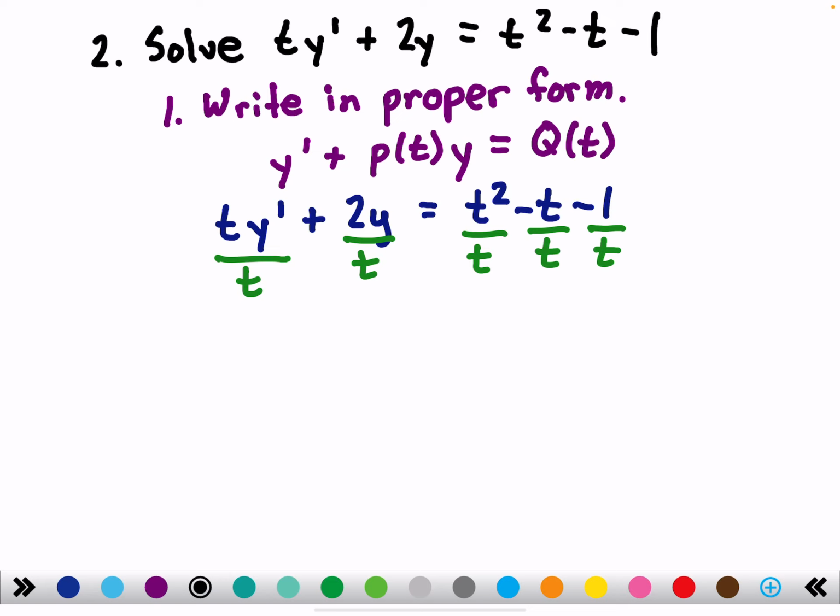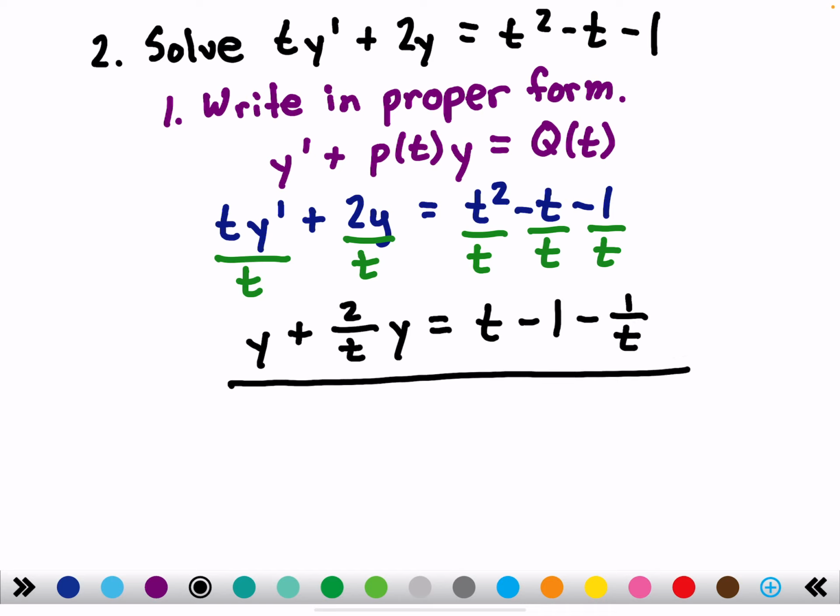And that will give us y prime plus 2 over t times y equals t squared divided by t is t. Negative t over t is negative 1, minus 1 over t. So this is of the form y prime plus p sub t y equals q sub t.